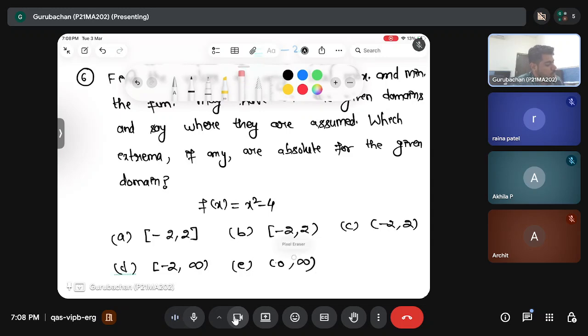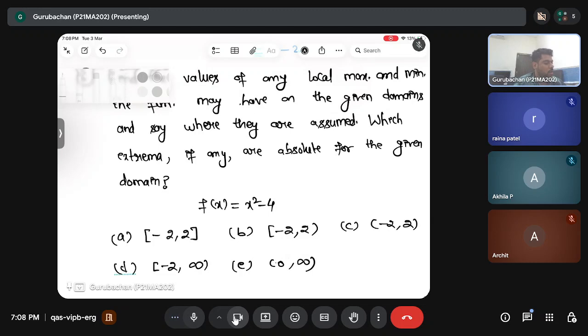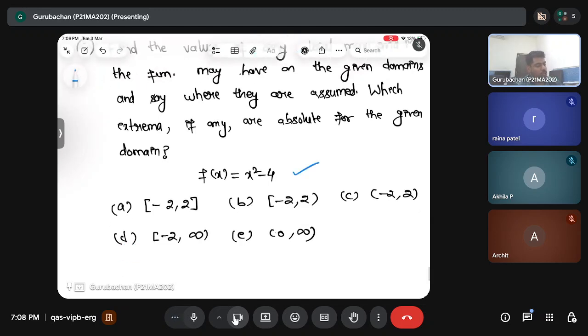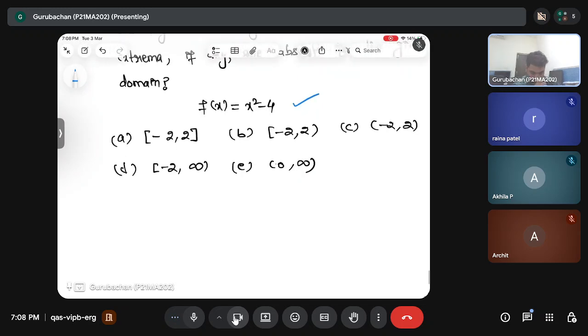So these are different kinds of domains, and this is your function. You need to tell whether over each of these domains local minima or local extrema exist, and if they exist, at which point they are attained, and which of them is an absolute extrema. So try.